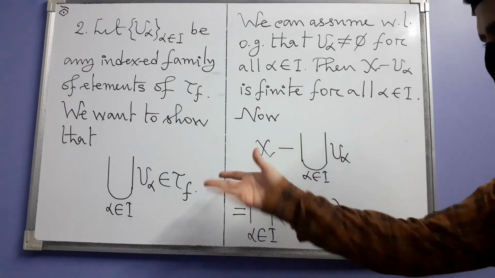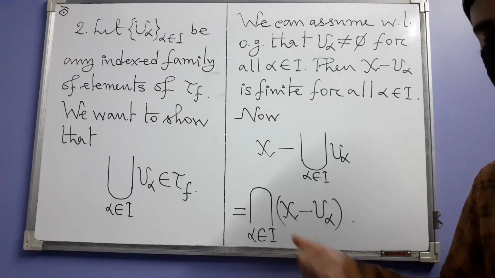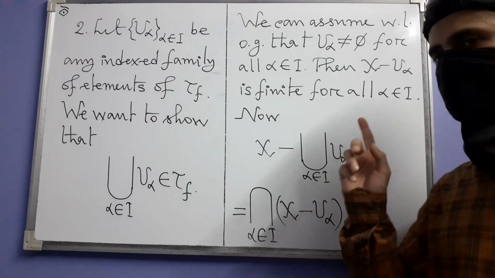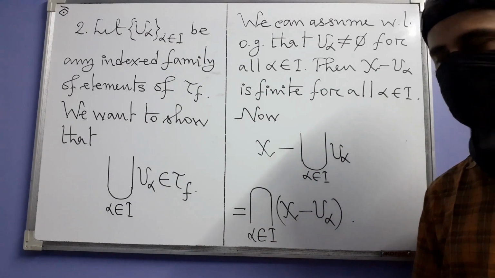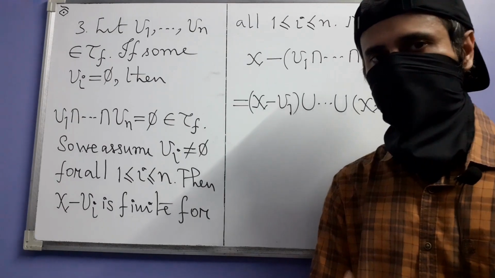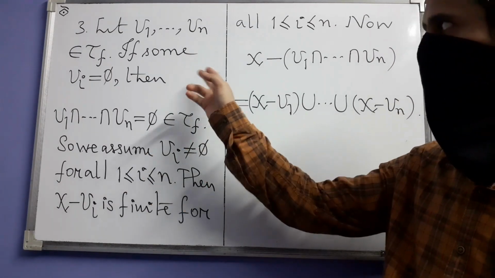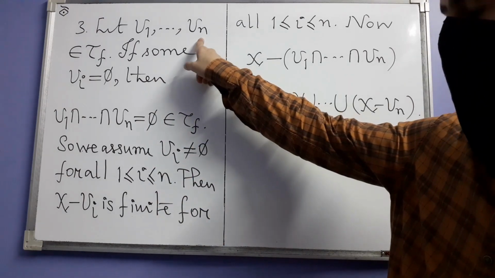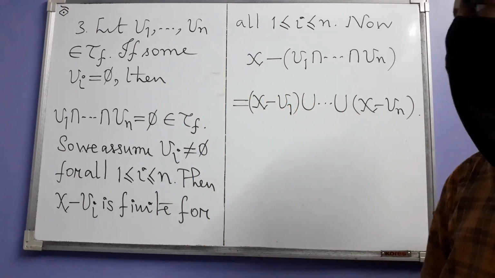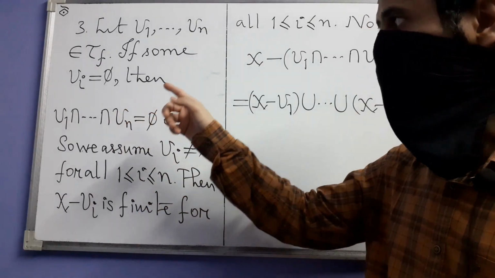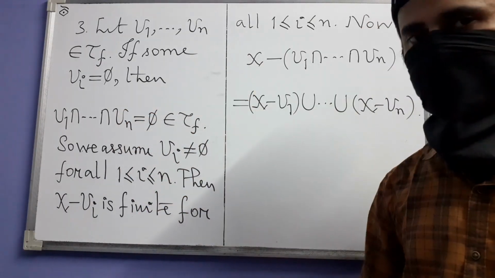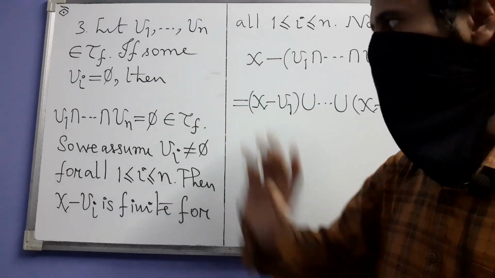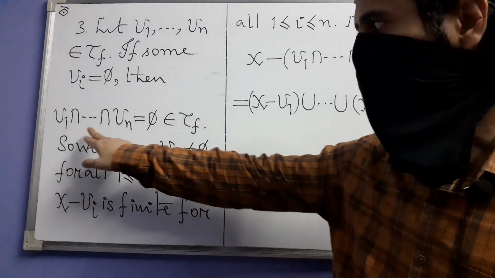Let me not write these things again, you already understand. Let us instead go for the third axiom. For the third axiom, we take finitely many elements of tau f. Here n is a positive integer. Now if some U i from this list is empty, then what happens to the intersection?